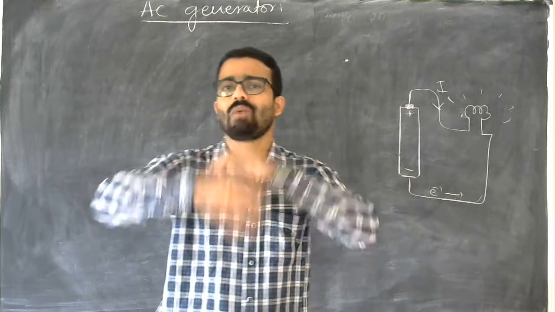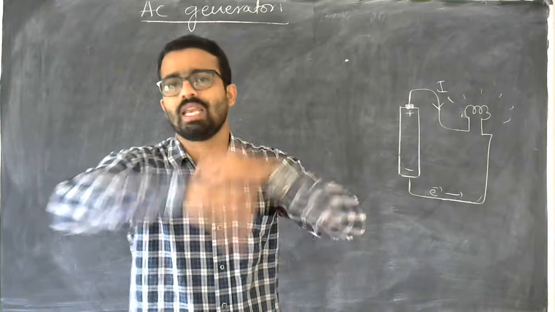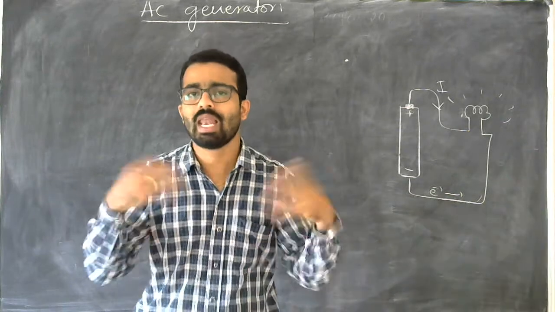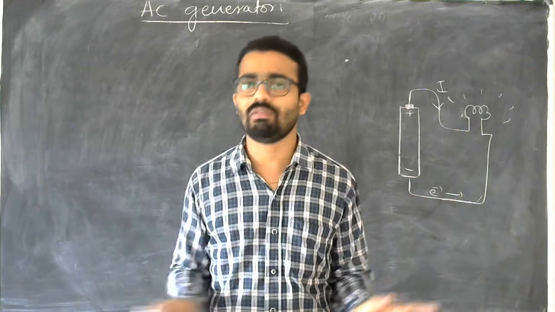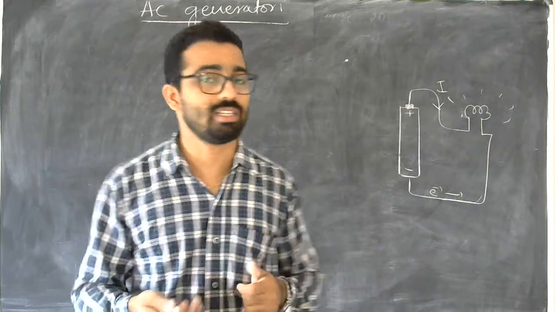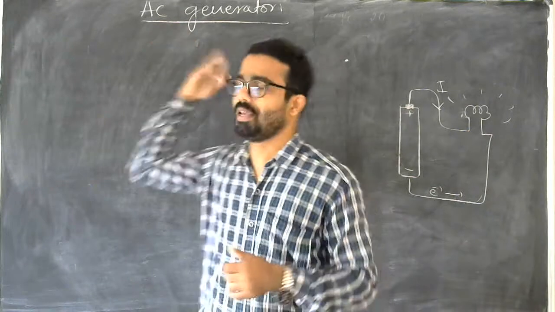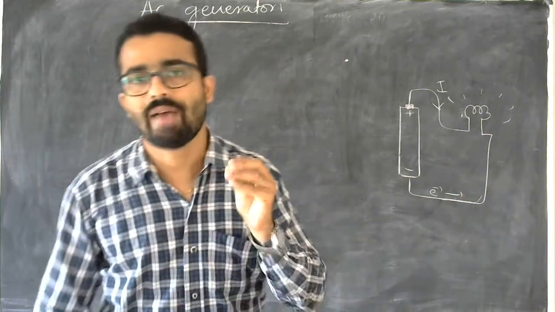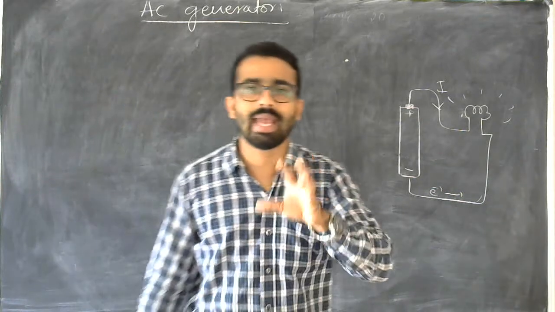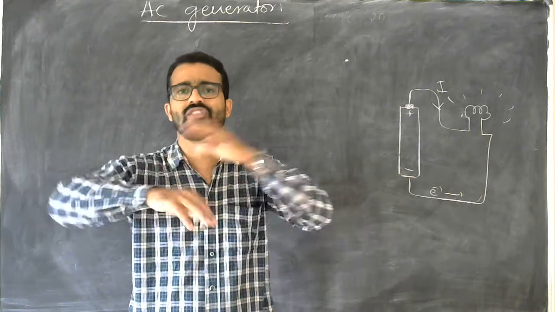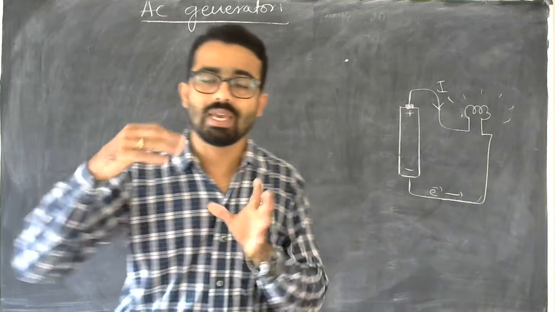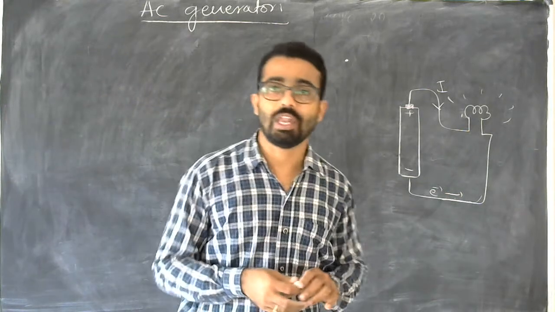It is mechanical work. See, it is rotating mechanically. Whatever mechanical work is done is converted into another kind of energy, known as alternating current. So an AC generator is a device which converts mechanical energy, where externally you are doing the work, into electrical energy.